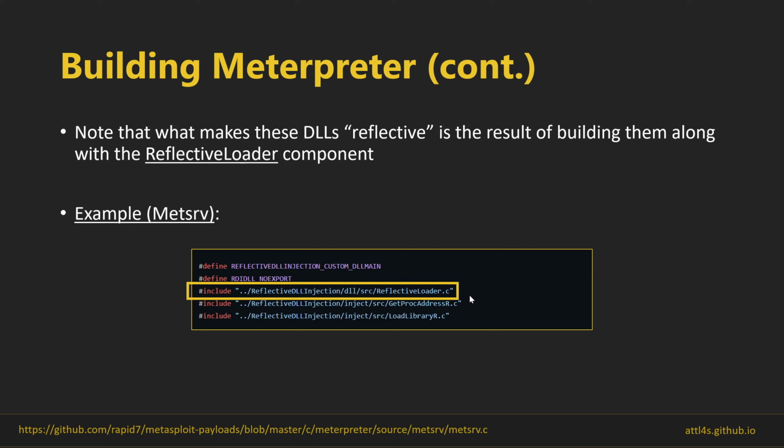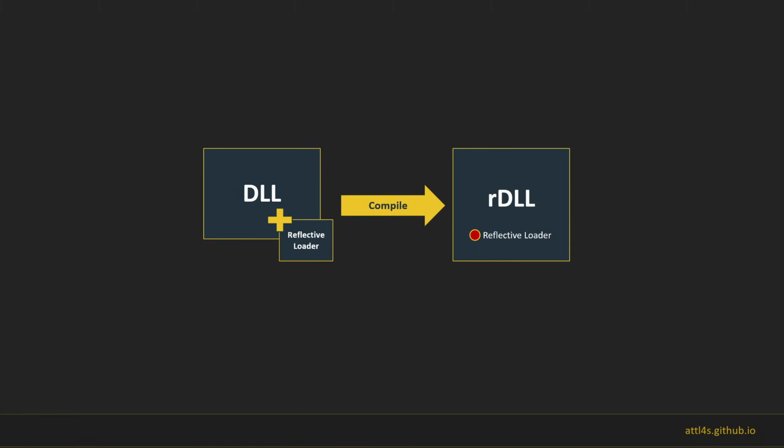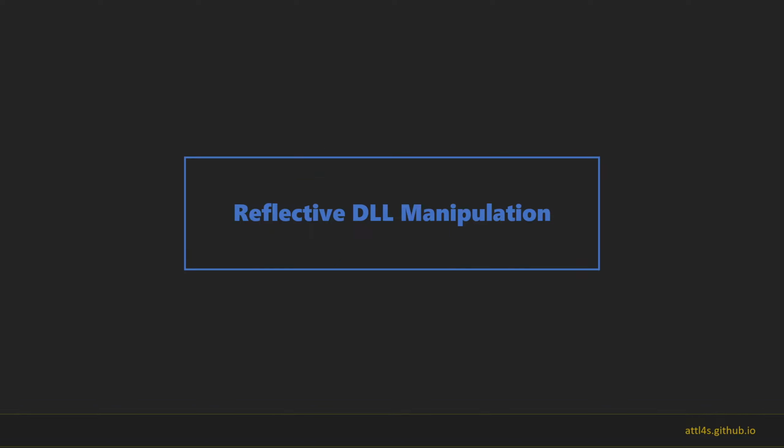Okay. And it's something like this. When you build those two things together, you get a reflective DLL with an exported function, which is essentially the loader. Okay. So before starting with the reflective DLL manipulation, we're going to see the building with Visual Studio.